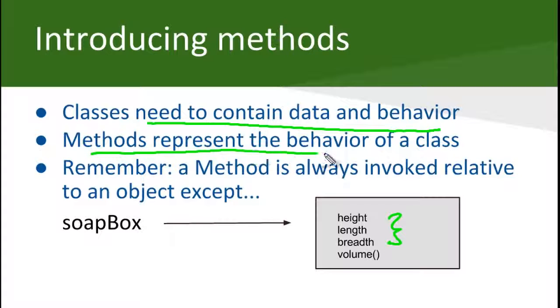For that we have methods, and methods represent the behavior of a class. Also remember that a method is always invoked relative to an object, except when it is defined as static, which we'll see later.